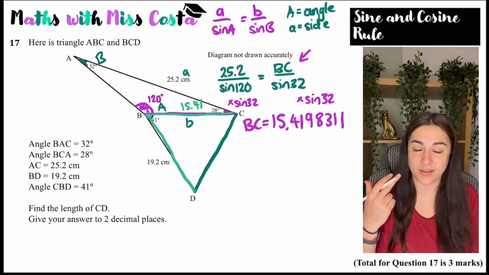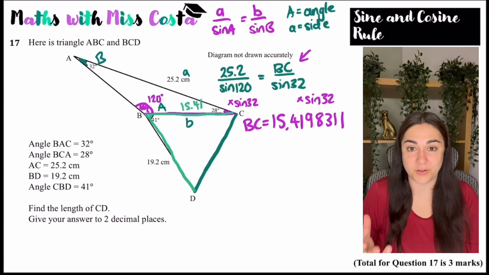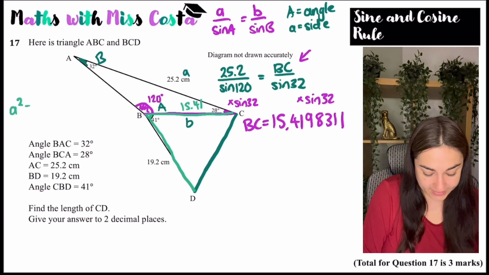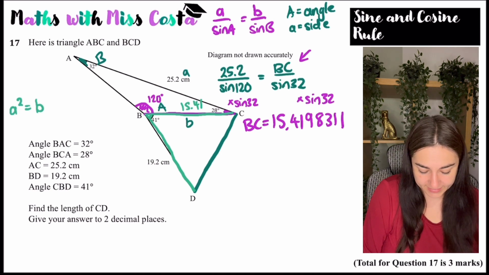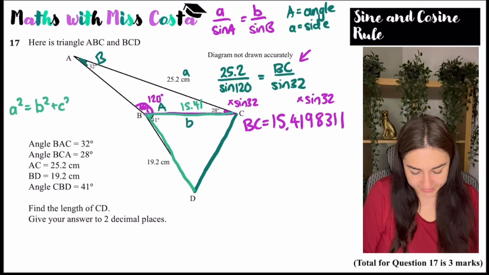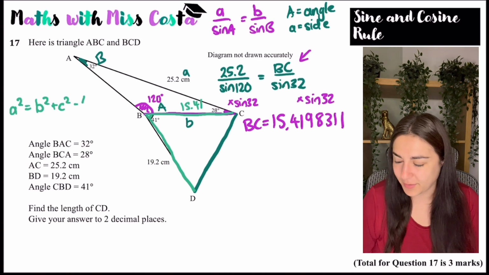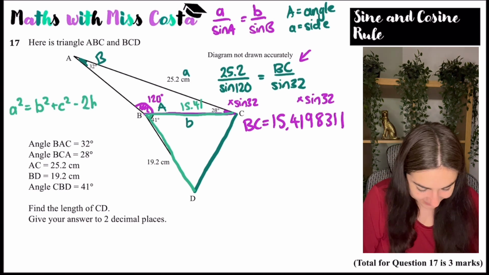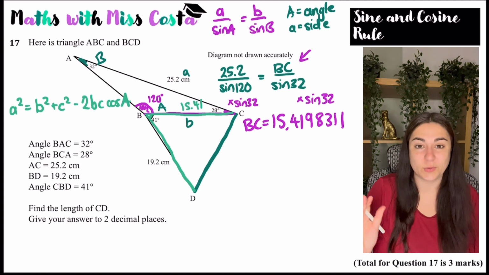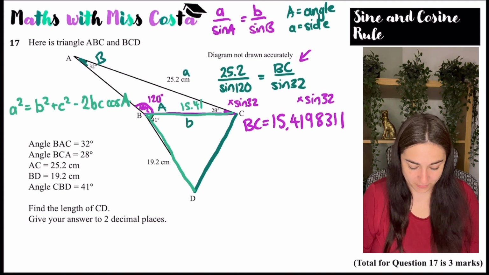If you know that three sides are involved, then you're going to be using the cosine rule. And let's just recap what it is. The cosine rule is a squared equals b squared plus c squared minus 2bc cos A. It's also on your formula sheet, so you don't need to worry about memorizing this.